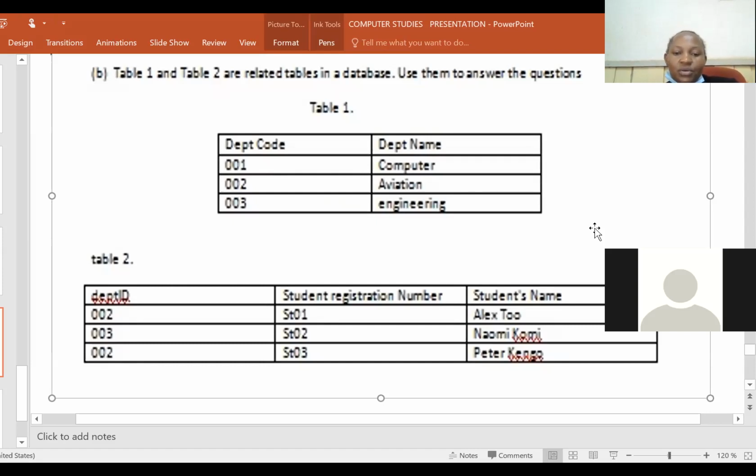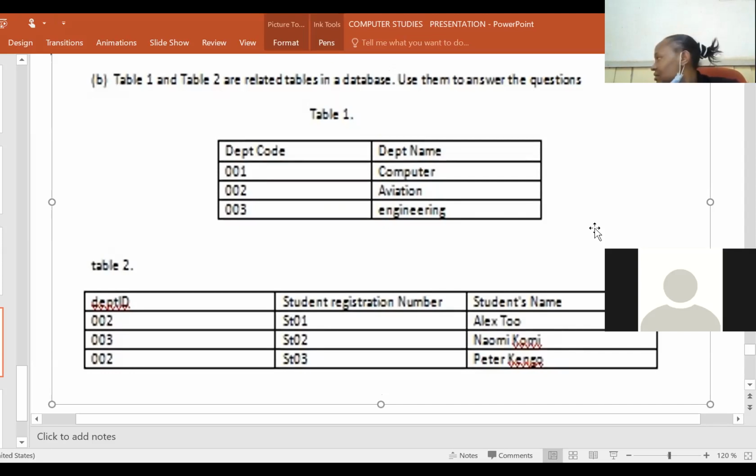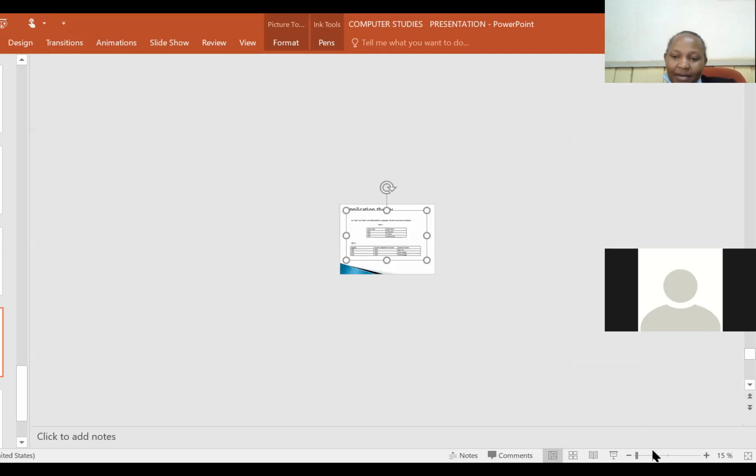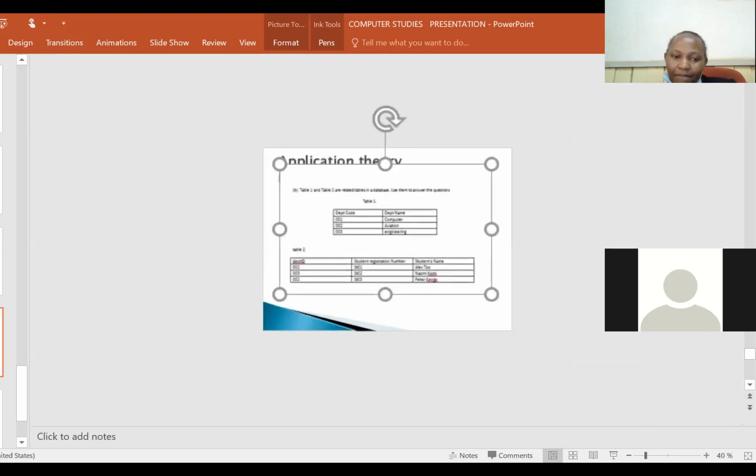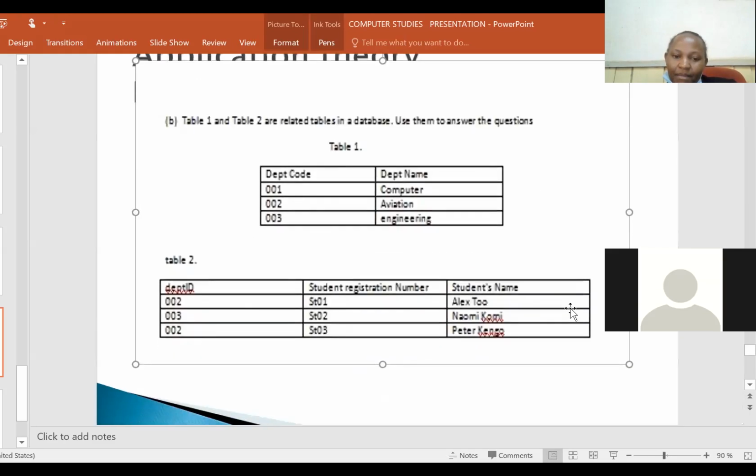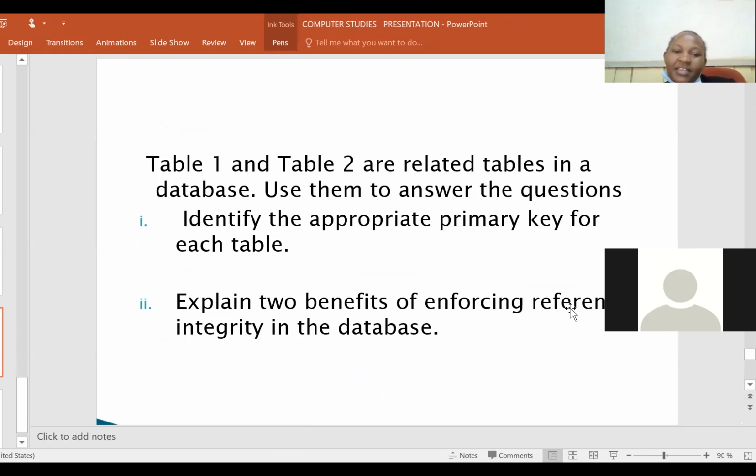Table 2 has the department ID, student's registration number, and student name.